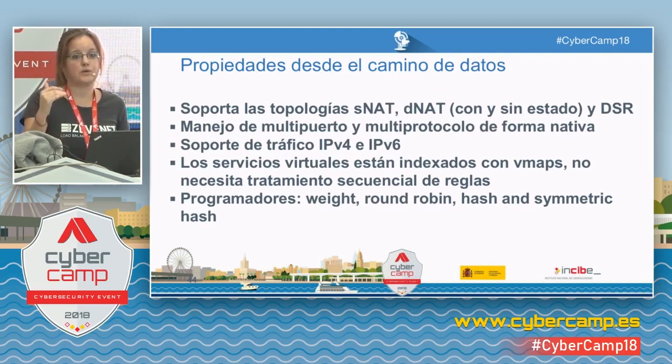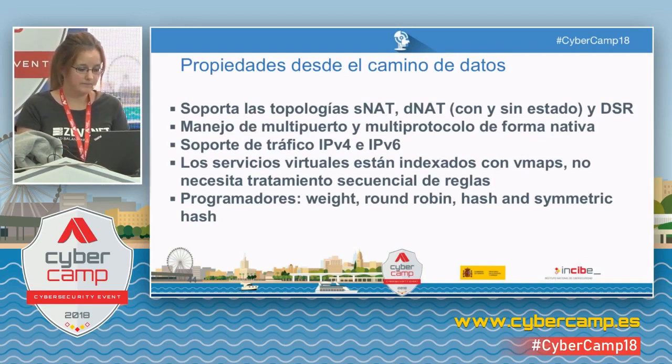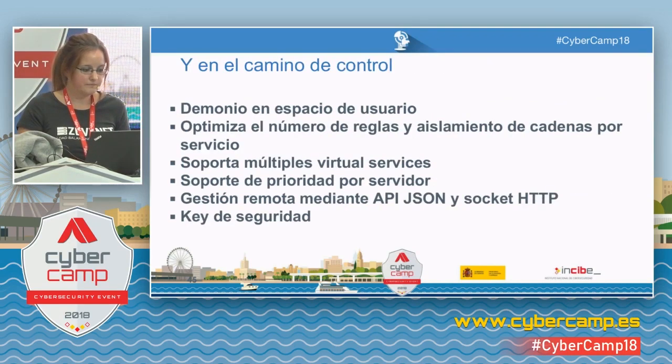Once again, that adds speed. We don't need to sequentially process the rules. We just have a rule with different parameters on the map so that we can balance a number of virtual services at the same time. There are different types of schedulers here, depending on the weight, or sequentially, also hash or symmetric hash for IPs.